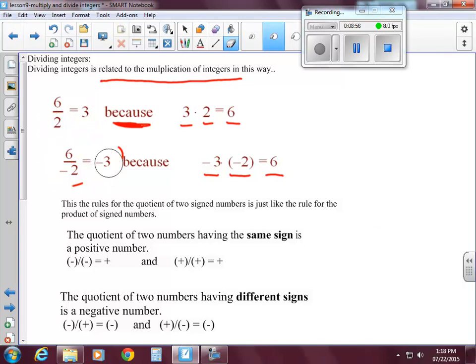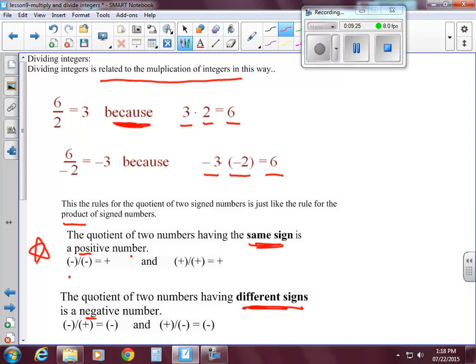Well, then one would think that the same rules apply. Like if the product of like signs is positive, then the quotient of like signs is going to be positive, and that's exactly what happens. So if you're looking for a rule, it's just like the rule for the products. The quotient of two numbers having the same sign is positive, and the quotient of two numbers having different signs is negative.